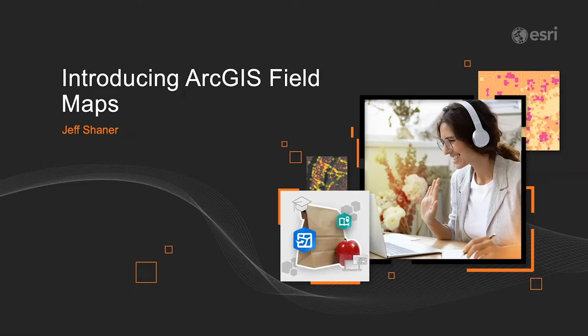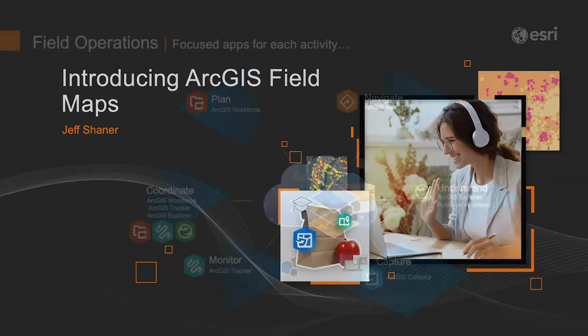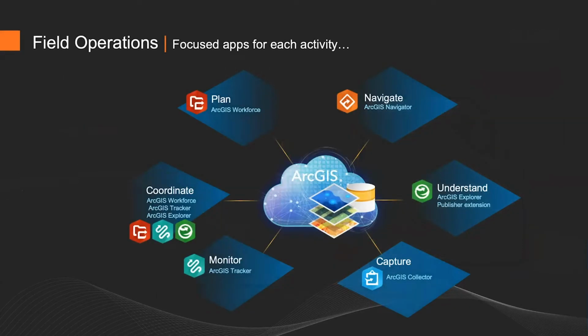So what I thought I'd do to kick things off is talk about our team and what we've been building for the last little while to set the context for Field Maps. We've been building technology that looks at all the different activities our customers do when they take content out to the field.